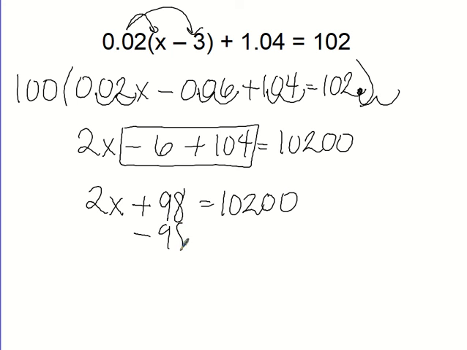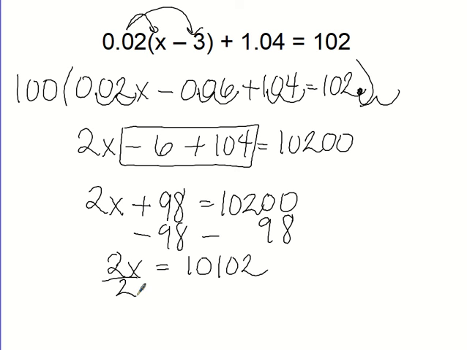All right, minus 98, minus 98. So 2x equals 10,102. And then we'll divide by 2. And x will equal 5051.